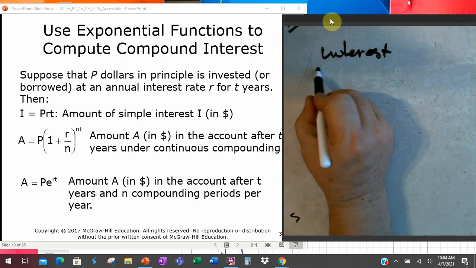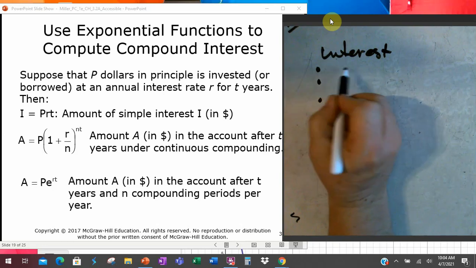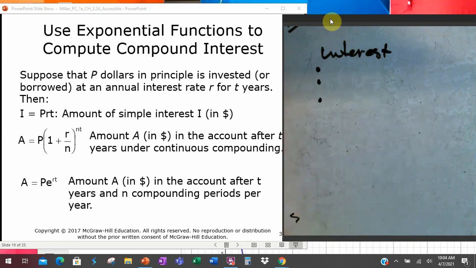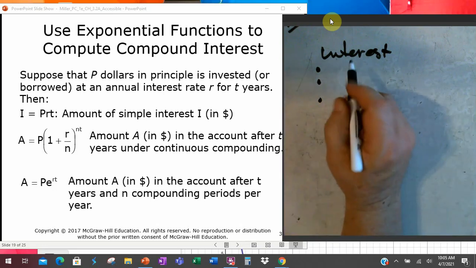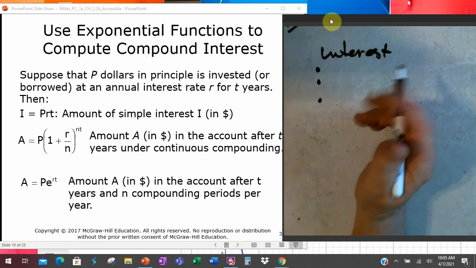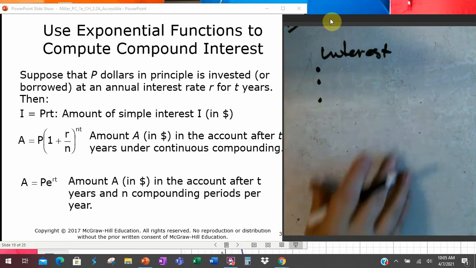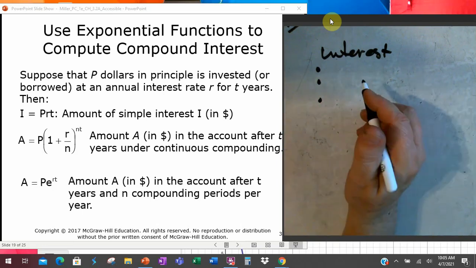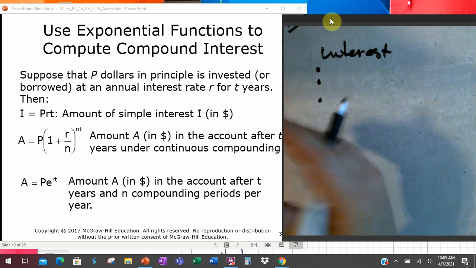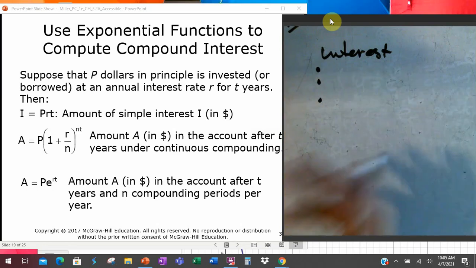What we have to worry about is there's a couple of different types of interest. So one type is I go and borrow some money to pay, like for furniture. So this is usually small things. And what they will do is say, okay, we're going to set you up a payment plan and we're going to charge you money to use our money.